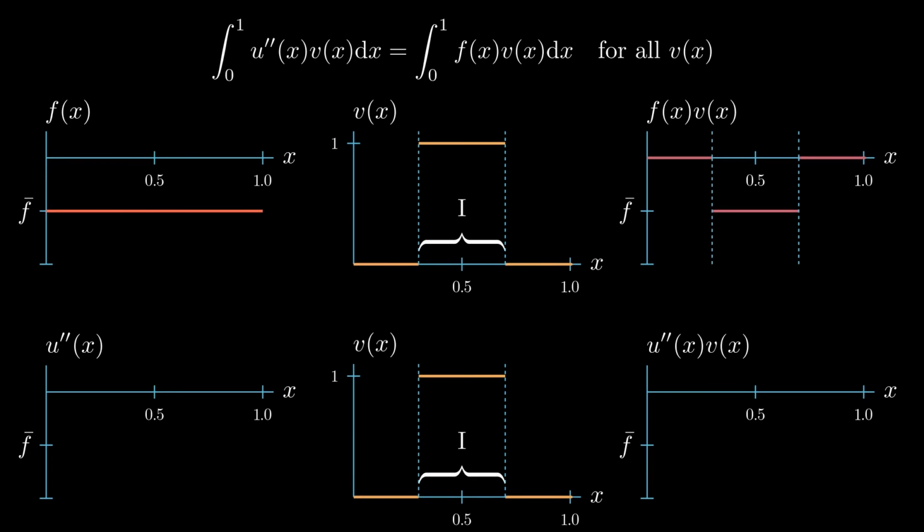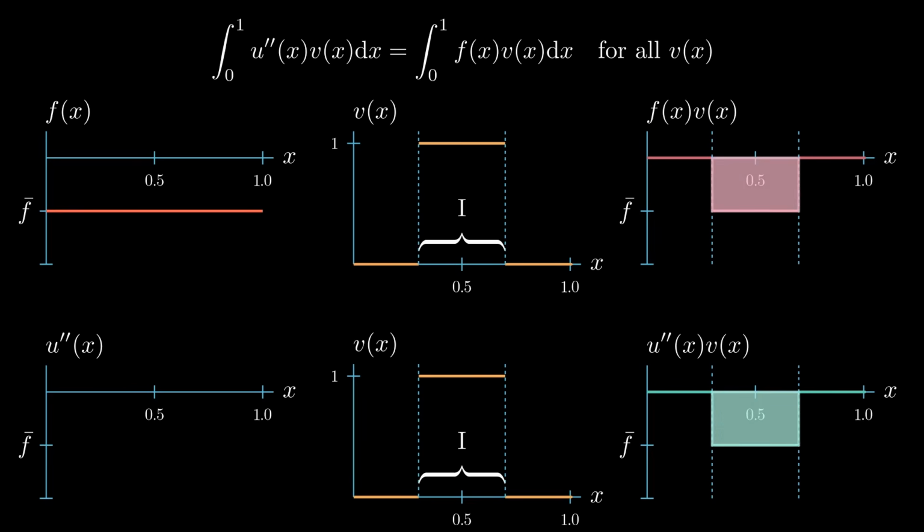F times v is now a function that is equal to f bar over this interval I and 0 elsewhere. We also know that u double prime times v must be 0 outside the interval I, because v is 0 there. Inside the interval, the shape of u double prime times v is unknown.